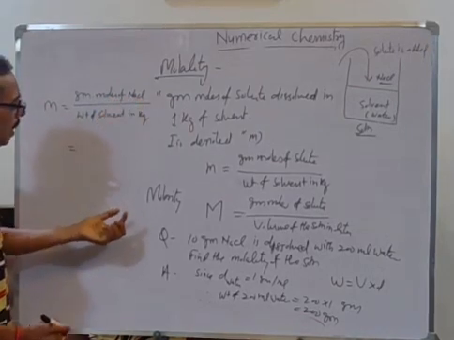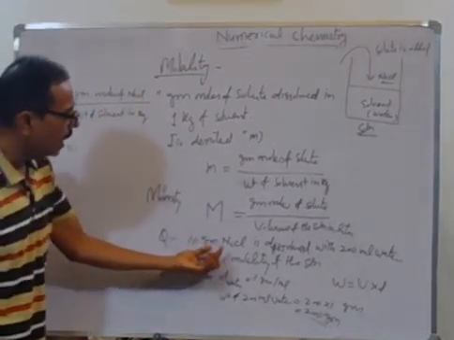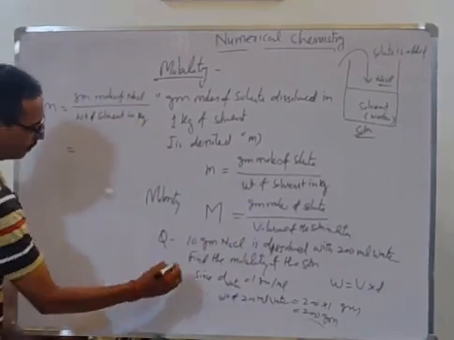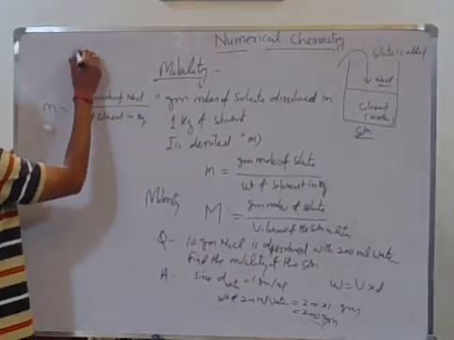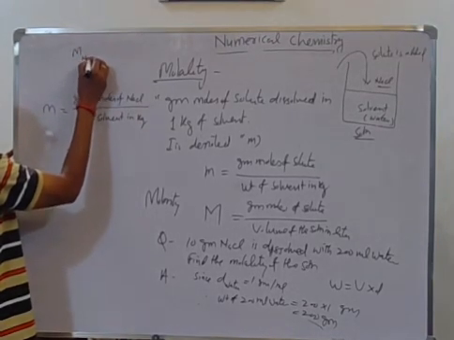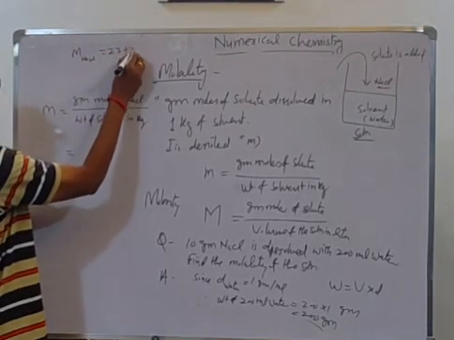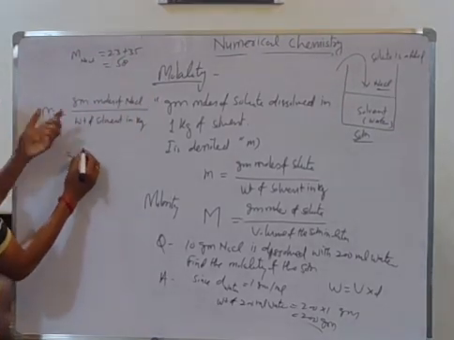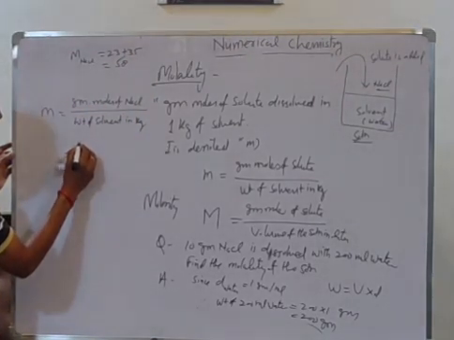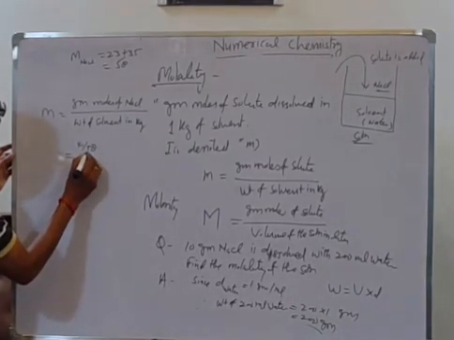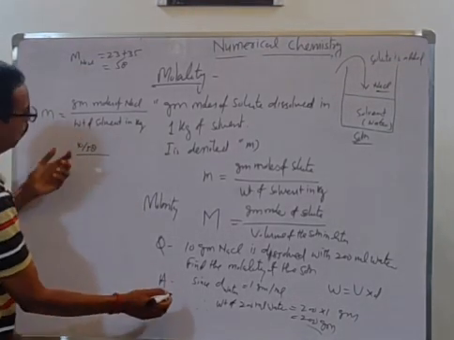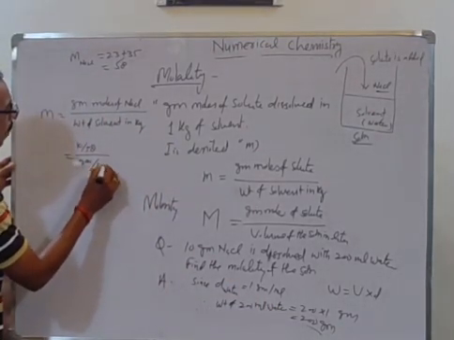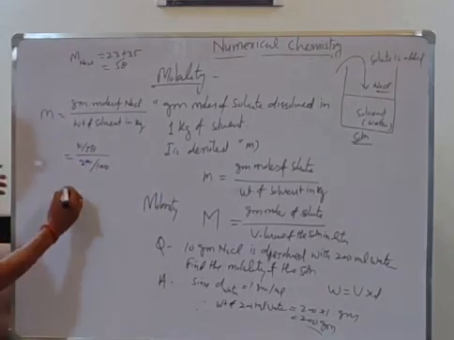Moles of NaCl, it means weight दिया है, weight is 10, NaCl 23 और 35, molecular weight of NaCl, तो ये 23 plus 35, 58. So gram moles, how will we convert, weight by molecular weight, and weight of solvent 200 gram. 200 gram divided by 1000 for kg. This is simplified.